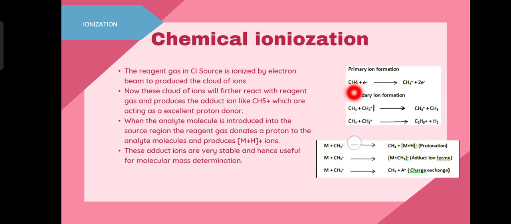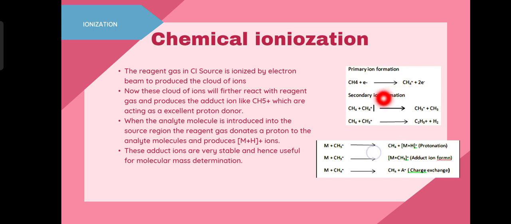In this reaction, we can see that methane is used as a reagent gas, where it is bombarded with the electrons coming from the electron beam source, and it produces a cloud of ions, that is CH4 plus. This is nothing but the primary ion.